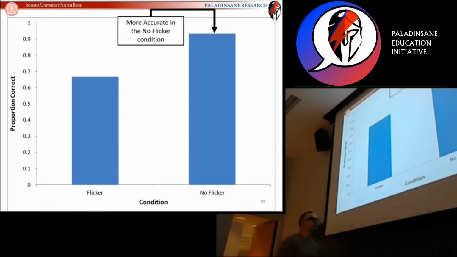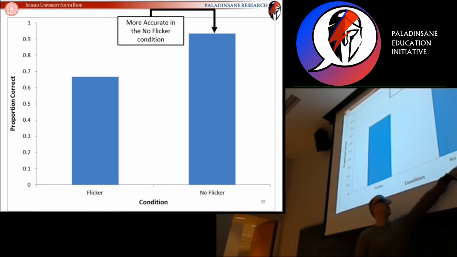And this is an example of that. So we have an increase in accuracy in the no flicker condition, but this increase in accuracy might have come at the cost of reaction time. So maybe for some reason, because of the way our minds work, we just naturally, instinctively take more time in the no flicker condition, right?